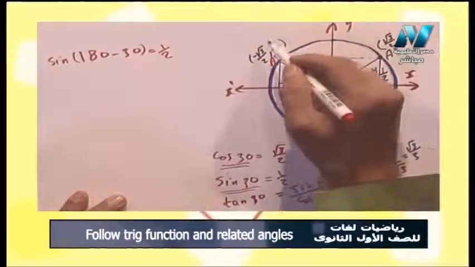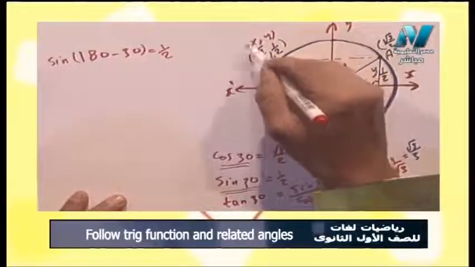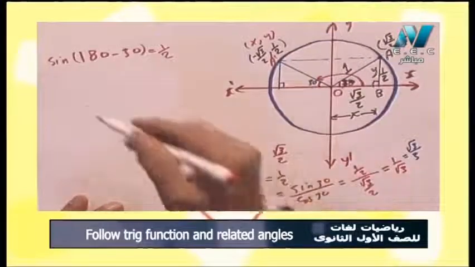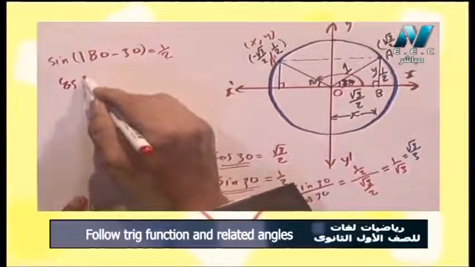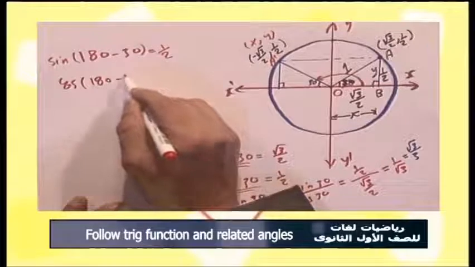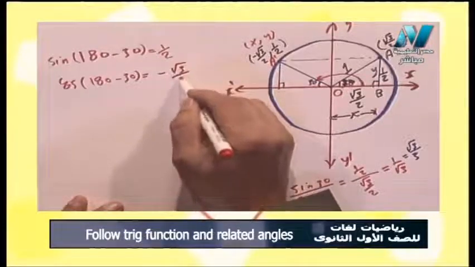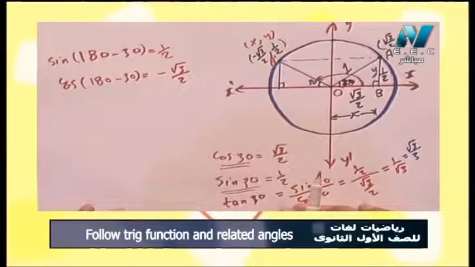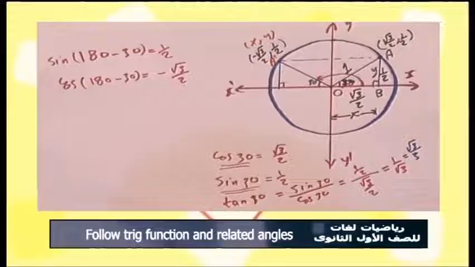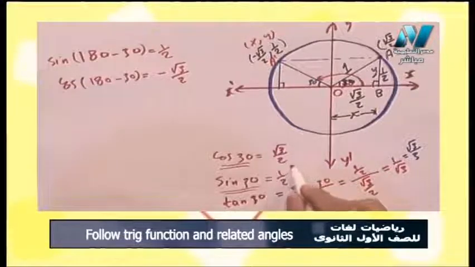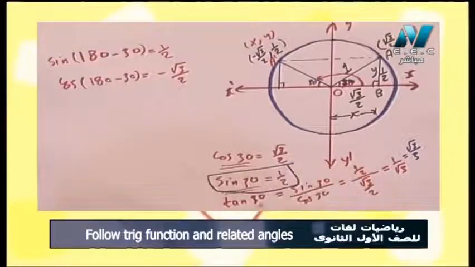We know that sine will be y all the time. And cosine 180 minus 30 equals what? Equals negative root 3 over 2. Try to connect the functions with each other. We have here sine 30 equals what?